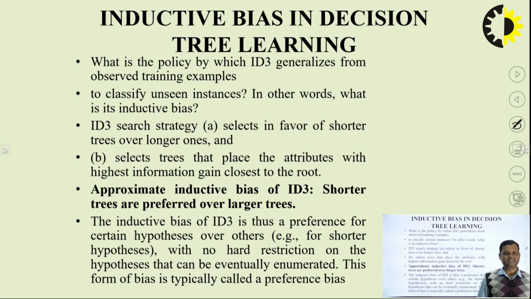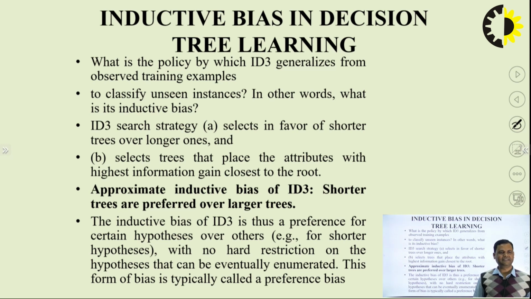In decision tree learning, we select the shorter tree over the longer one, because as the levels of the tree increase, the complexity of computation also increases.